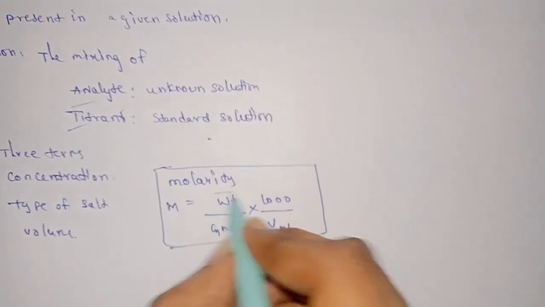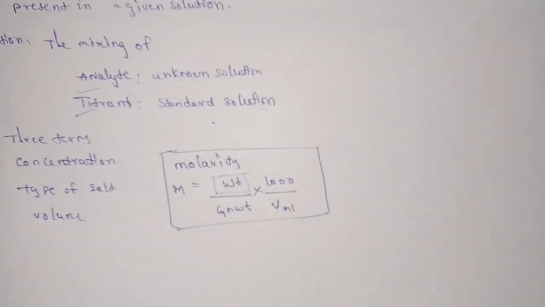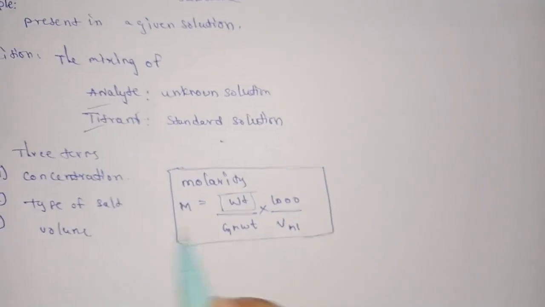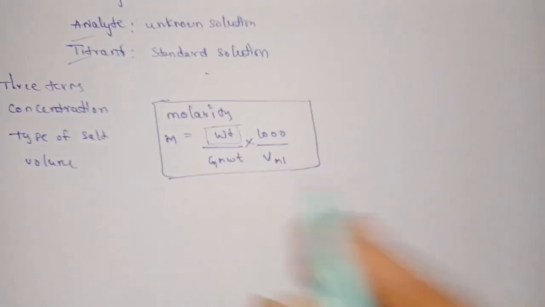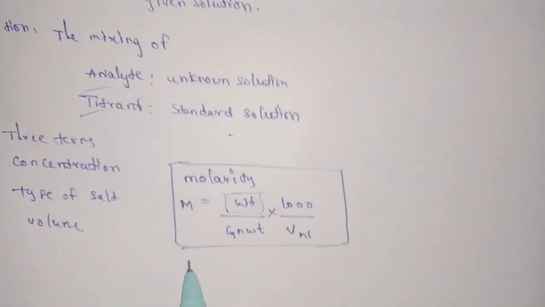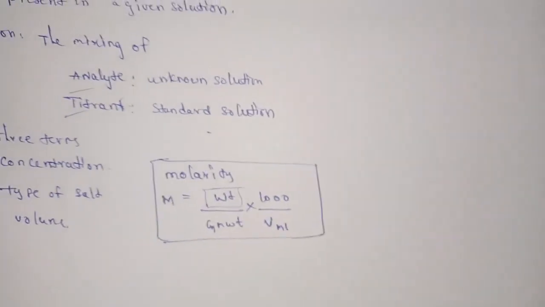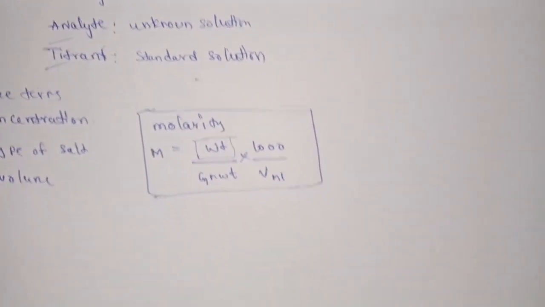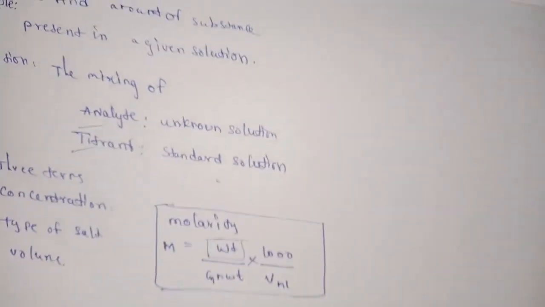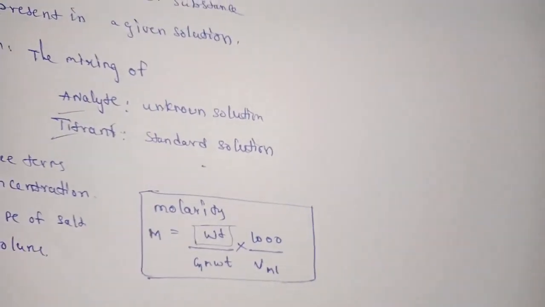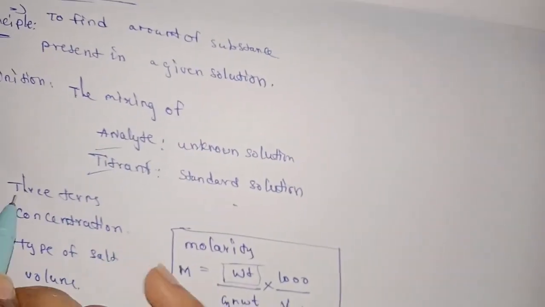Volume will be given, type of salt will be given. So we have to find the concentration first, and further we will get the weight of the solid, and further we will get the hardness of water. We will use these terms in titration.